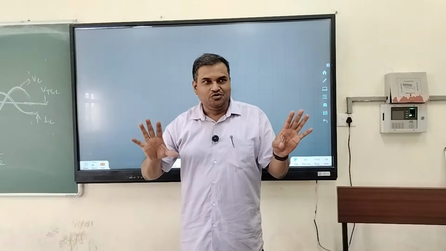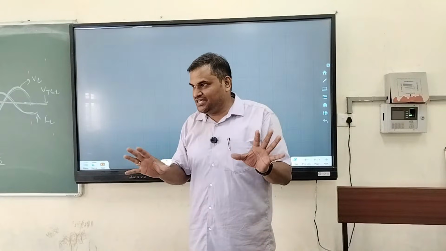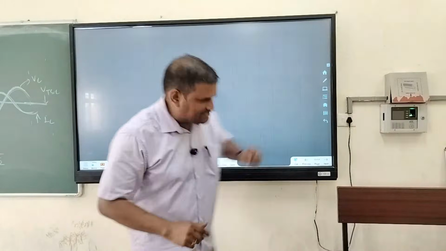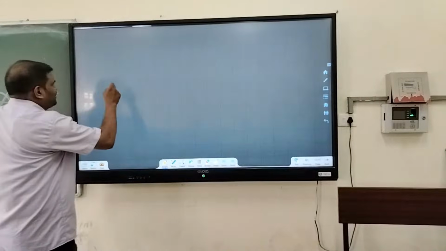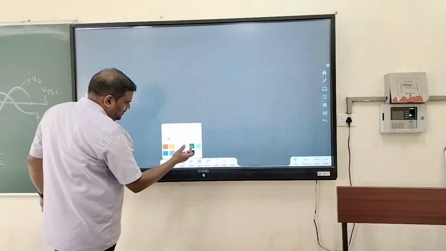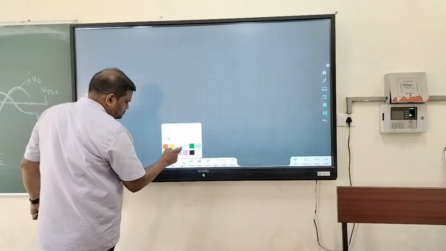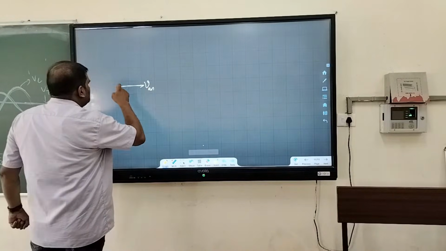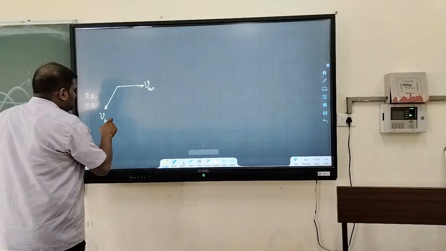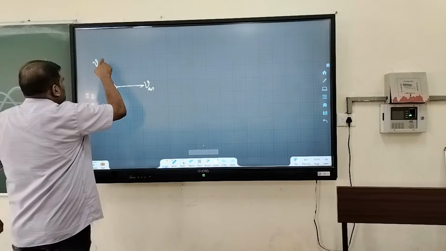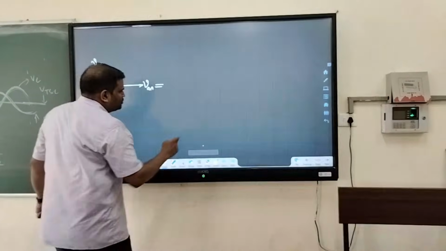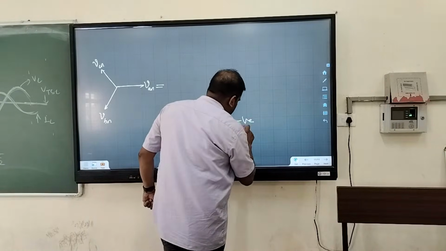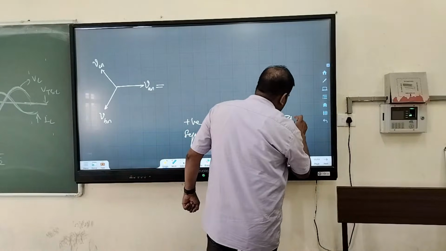So if I can resolve ABC into positive sequence, negative sequence and zero sequence, let us do it like this. This is VAN, VBN and VCN. Any three phase set can be resolved into positive sequence, negative sequence and zero sequence.